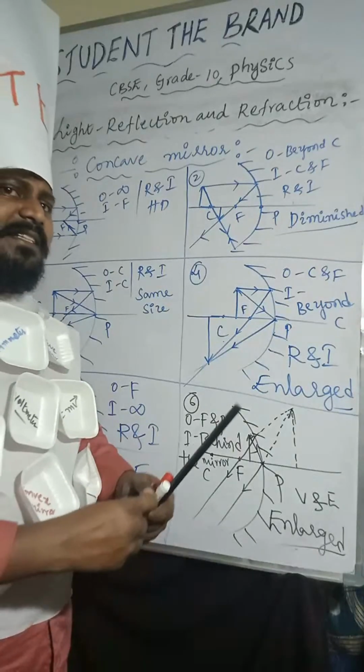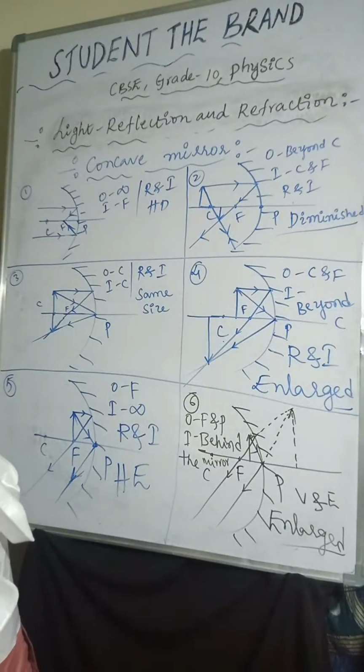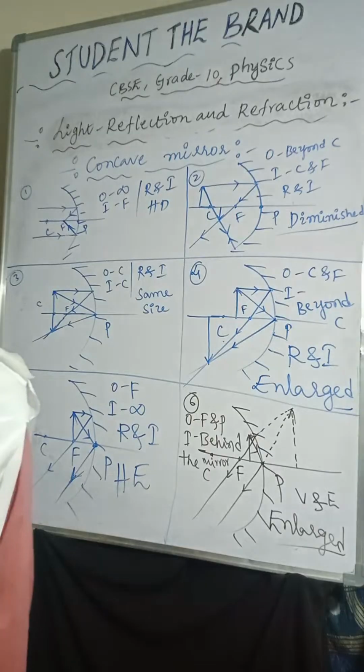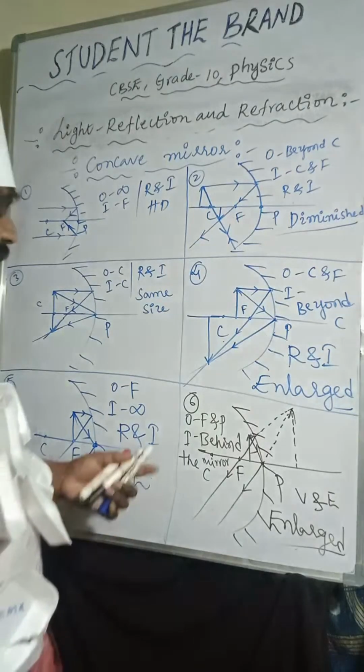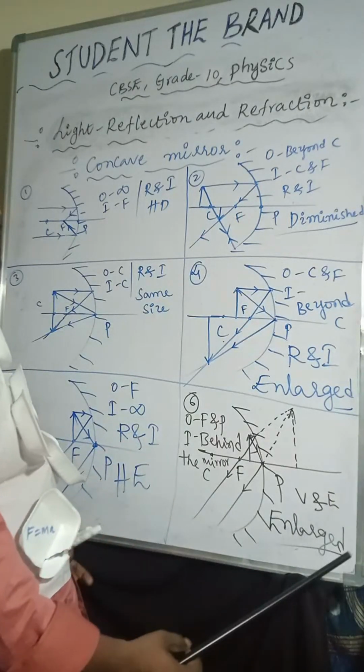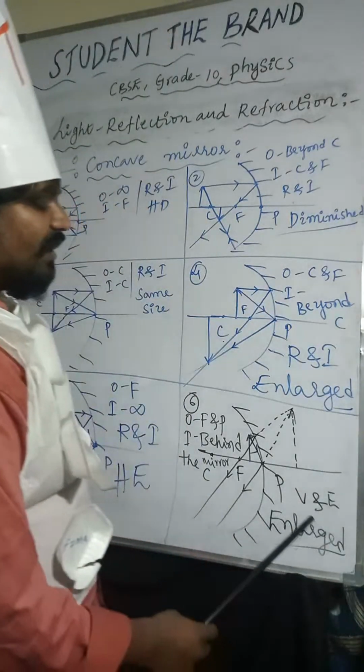Because object is placed between F and P. So automatically image will form behind the mirror. What is the nature of the image? Virtual, erect, and enlarged.